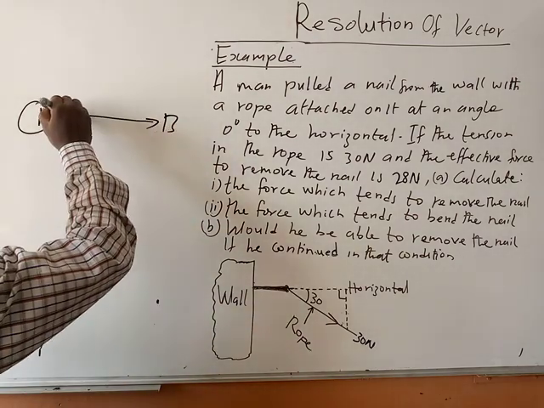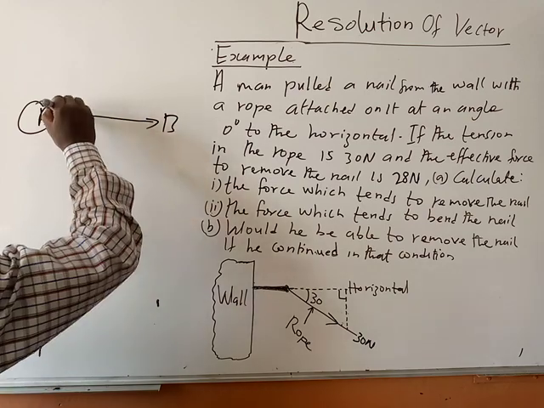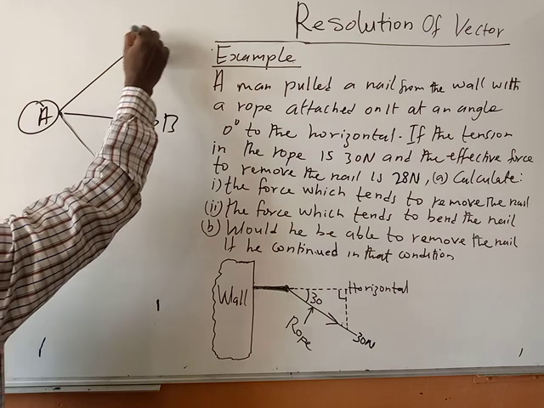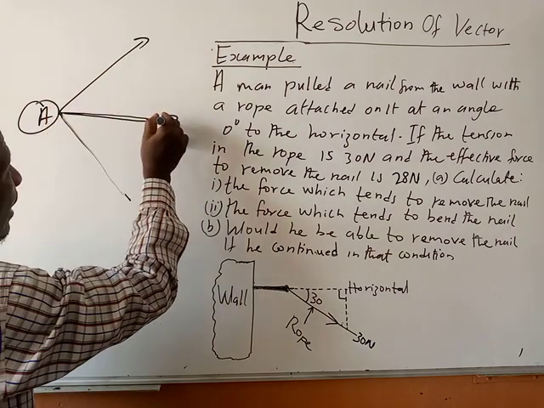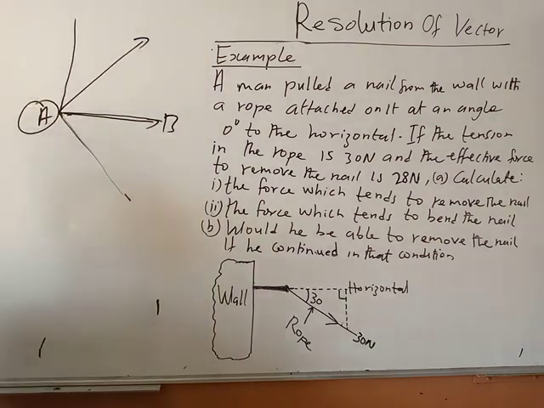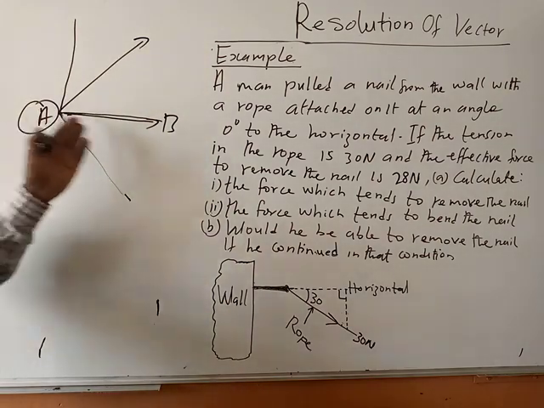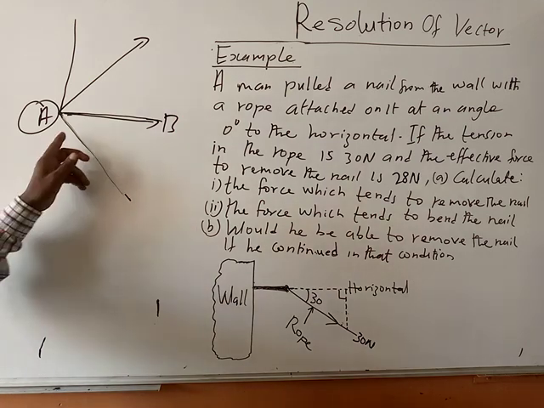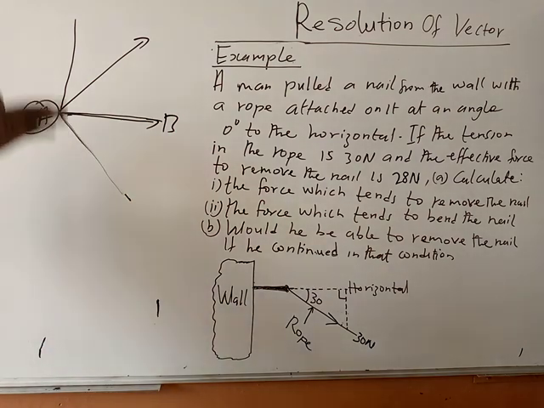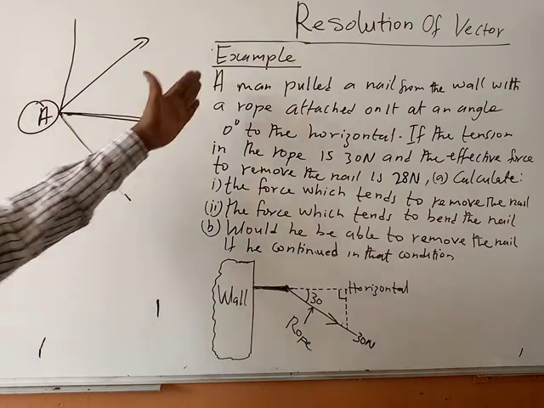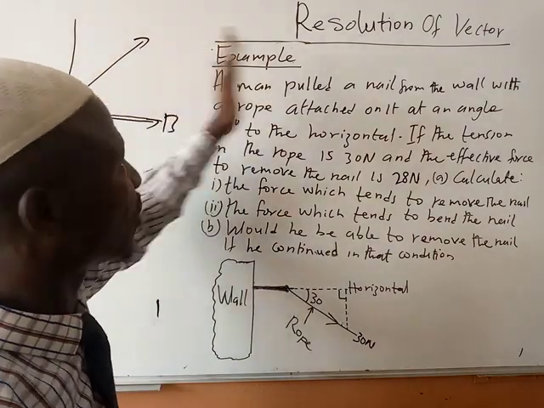But if you apply it like this or like this, it means part of this force will be acting in the horizontal direction, while the other part will be acting in the vertical direction. So the horizontal direction will be the effective one because it's the one that is doing exactly the work that you want to do, while the vertical one is just wasting. Now let's use this example to analyze the topic.